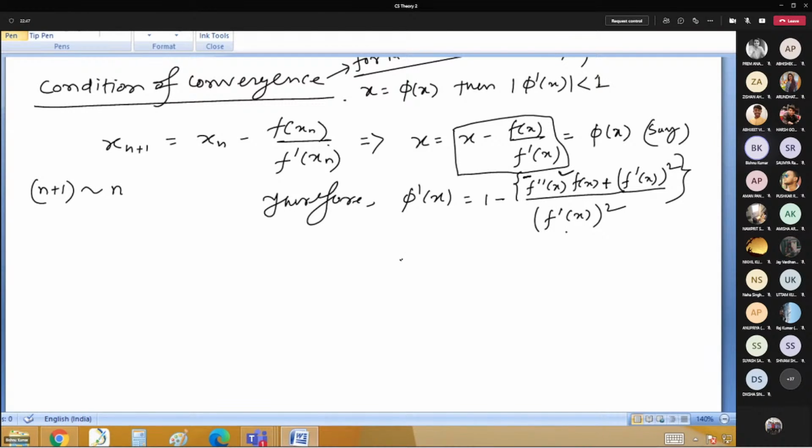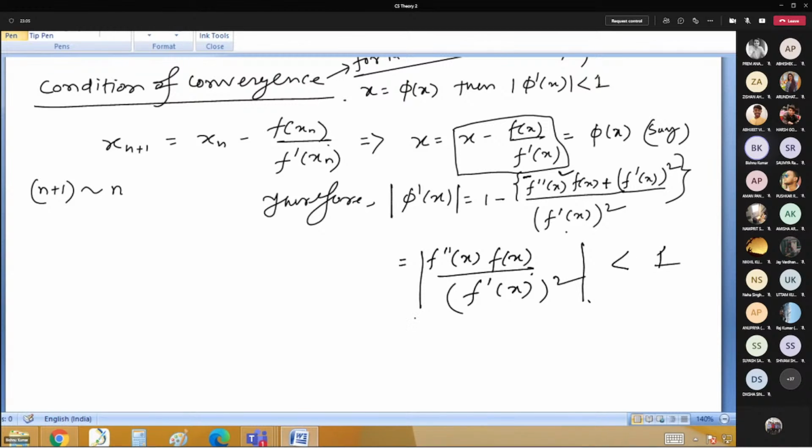So this value is f double dot x into f(x) by f dot x square. Its modulus value, I told you, should be less than 1. Square is positive, so I am simply keeping the modulus here.